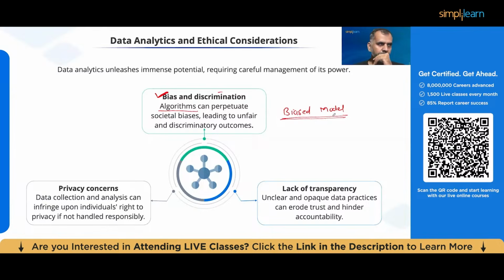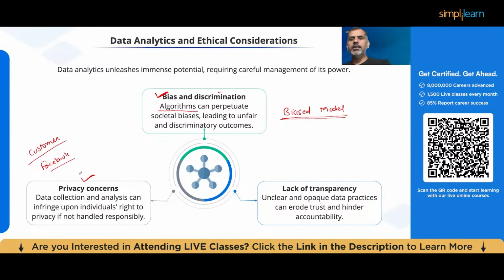Privacy concern is another thing. Data collection and analysis can infringe upon the individual's right to privacy if not handled responsibly, because use cases such as customer segmentation or Facebook friend recommendations require you to collect certain personal information of individuals: the demographic details, the gender, the age, even political opinion, the interests, the hobbies, and all this information is considered personal information.